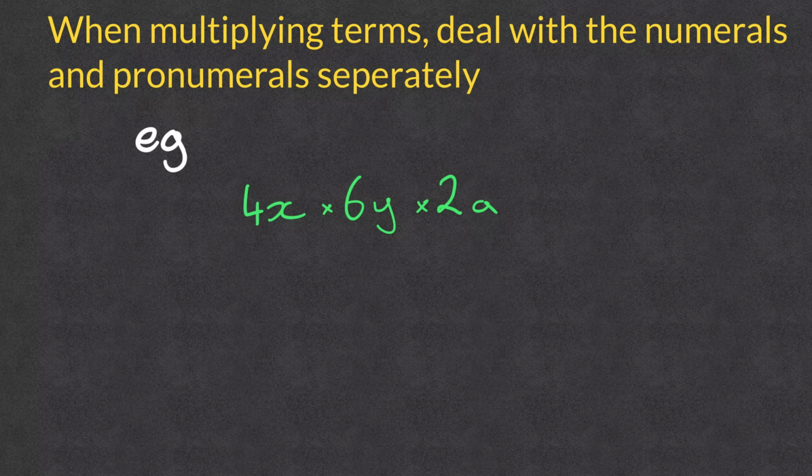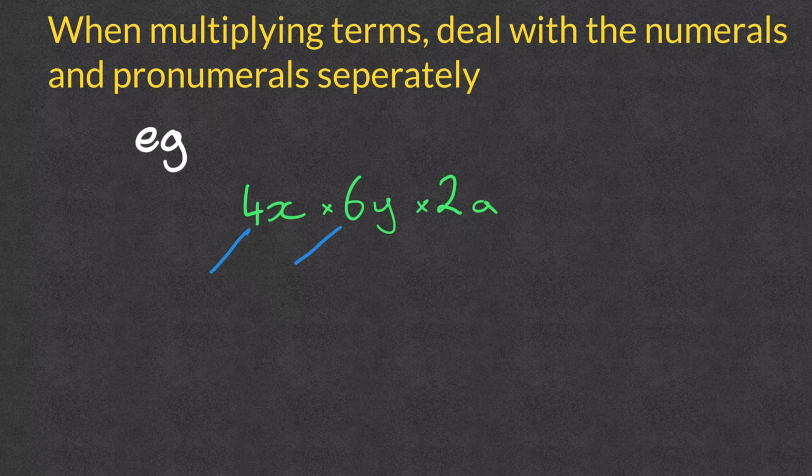So when we multiply our terms, we deal with the numerals and the pronumerals separately. The numerals being the numbers, or the coefficients, and the pronumerals being the letters that go with them. And then it's just a basic multiplication problem. So let's deal with our numerals first.